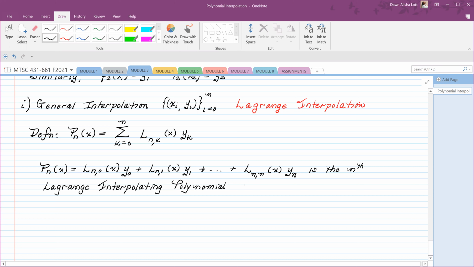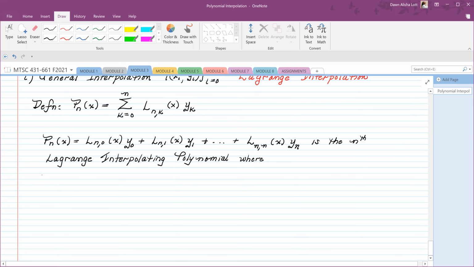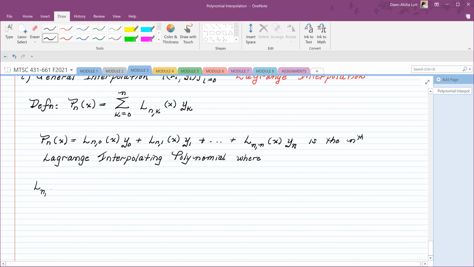Where, and this is important, Lnk is the polynomial x minus x0, x minus x1, all the way up to x minus xk-1, leave out xk, so x minus xk+1, and then you keep going all the way up to x minus xn.